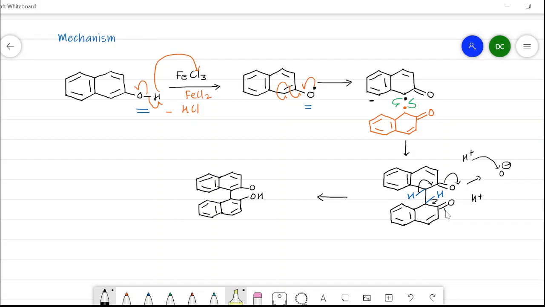The same happens here. An O minus is formed, which combines with the hydrogen. That is, this hydrogen is transferred from this carbon to the oxygen, and here we are getting a bis beta-naphthol.